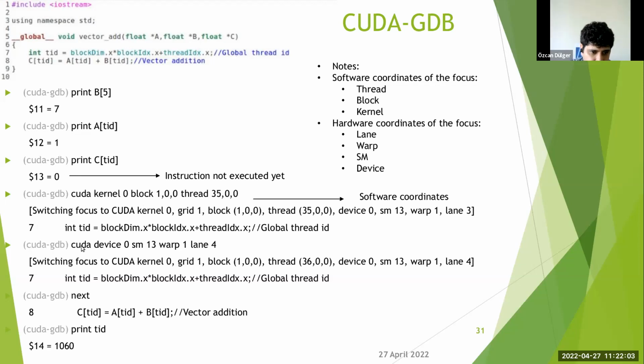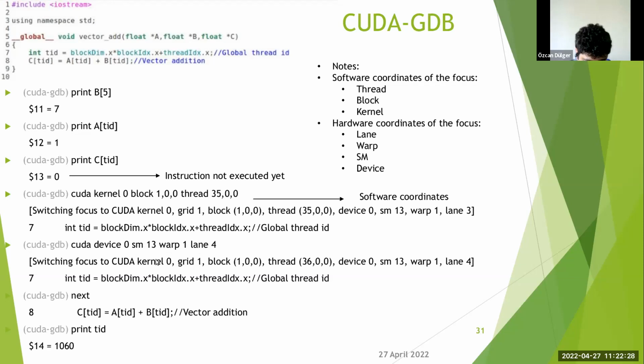We can also switch the focus by using hardware coordinates here. CUDA device 0, we set the device as 0. We set the streaming multiprocessor to 13. The ID is 13, that means this is the 14th streaming multiprocessor. And second warp, and 5th physical thread of the second warp.